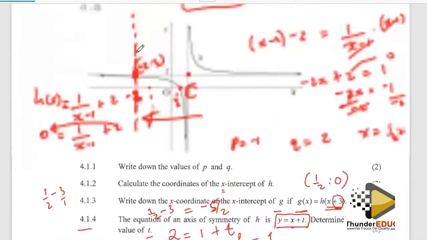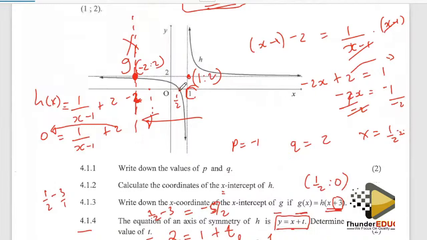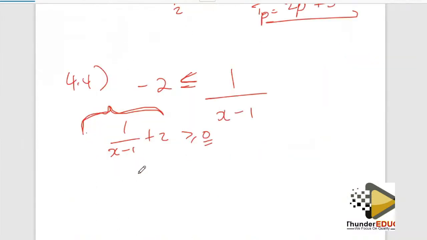Okay. From the original, we said this was a point of a half. So from a half to the negative, the graph is above. And then on this other side, after 1, the graph will always be above. So the representation therefore can be x must be less than a half, or x has to be greater.